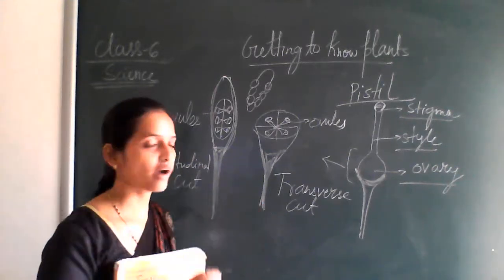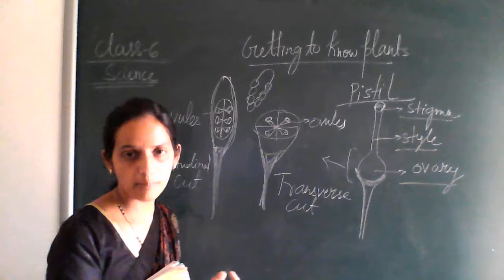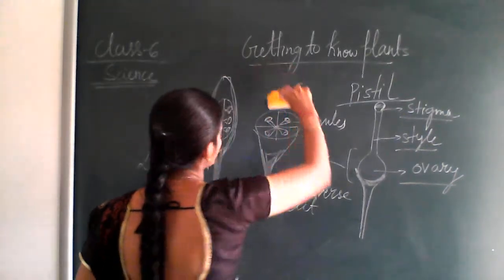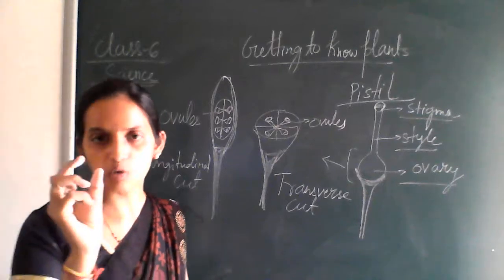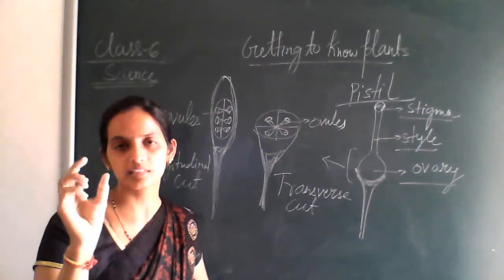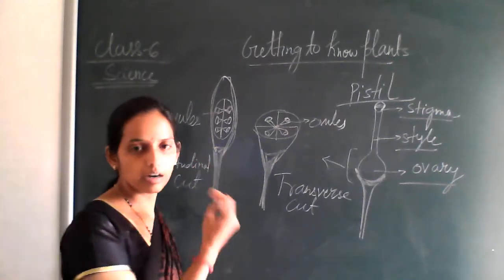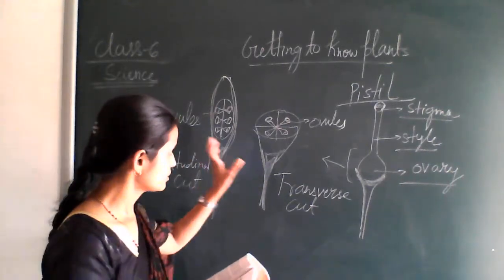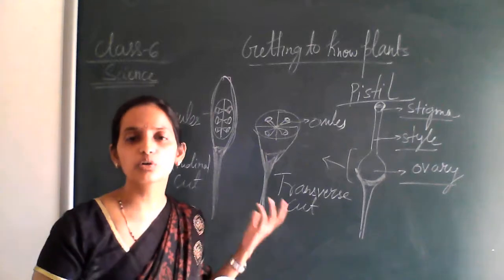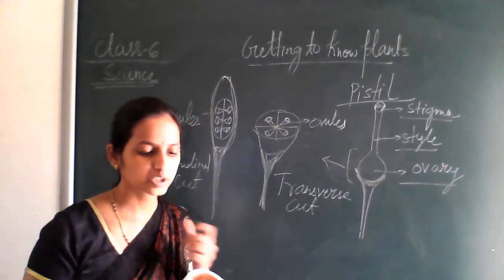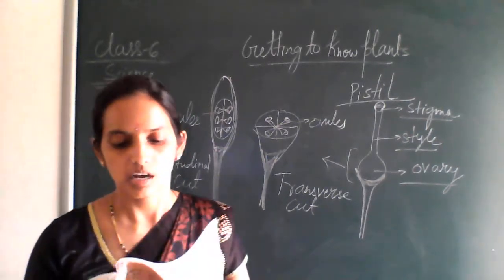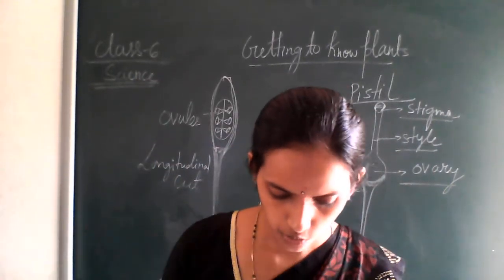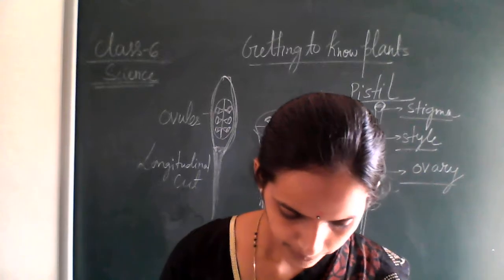You have the beads, ornaments, right? Same thing, same structure you can observe by using your lens. So the ovary consists of your ovules. These small bead-like structures inside the ovary are called what? Ovules.